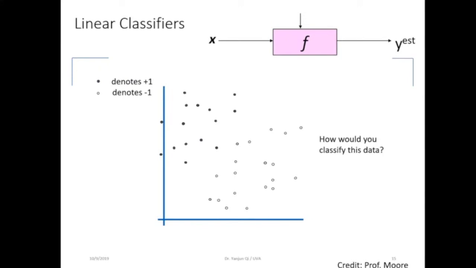In the first lecture, we looked at what binary classification is. We have two groups of points: the black circles versus the empty circles, and they can clearly be separated, and a simple separation can be just a line.